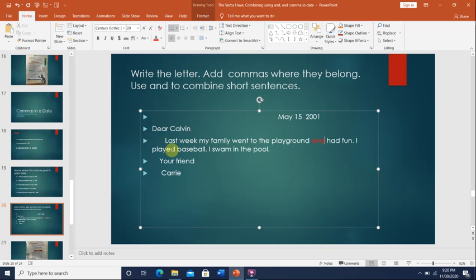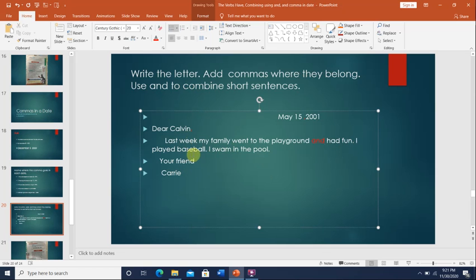Okay, because both sentences had the same predicate. Both sentences began with last week my family. So I removed last week and my family from the second sentence and I combined the predicate. So here the sentence says last week my family went to the playground and had fun.